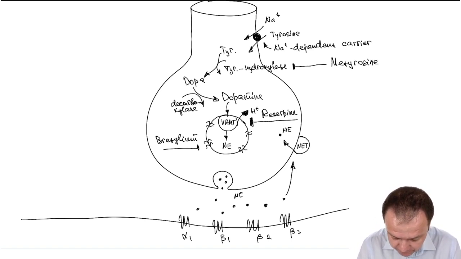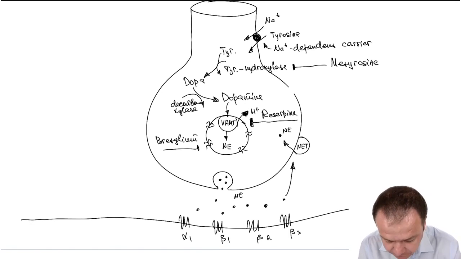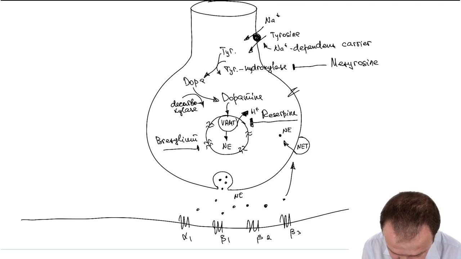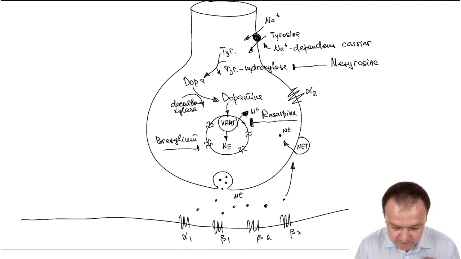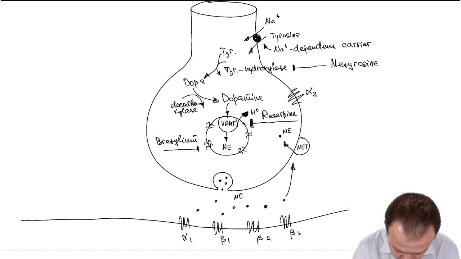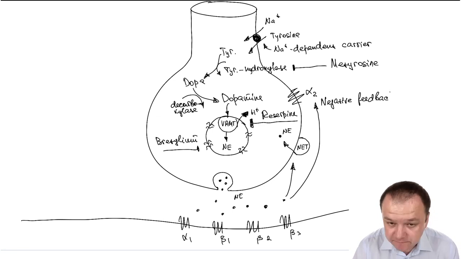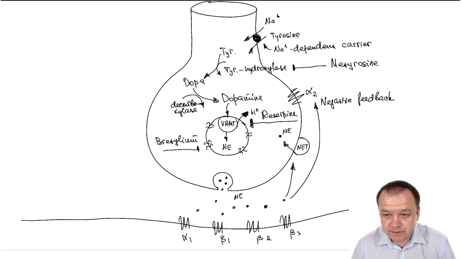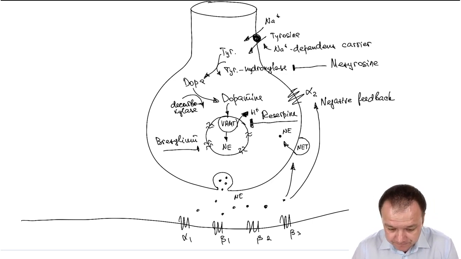What about alpha-2 adrenergic receptors? Alpha-2 adrenergic receptors are present presynaptically, and they play an important role in negative feedback. This negative feedback is a kind of auto-regulation for the synapse.